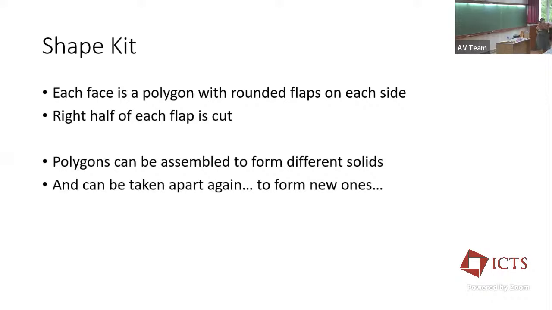It's kind of a Lego version for geometry. That's the whole idea. Whatever you see here are all made that way. However, these are too small, 3 centimeters, and that's too small.